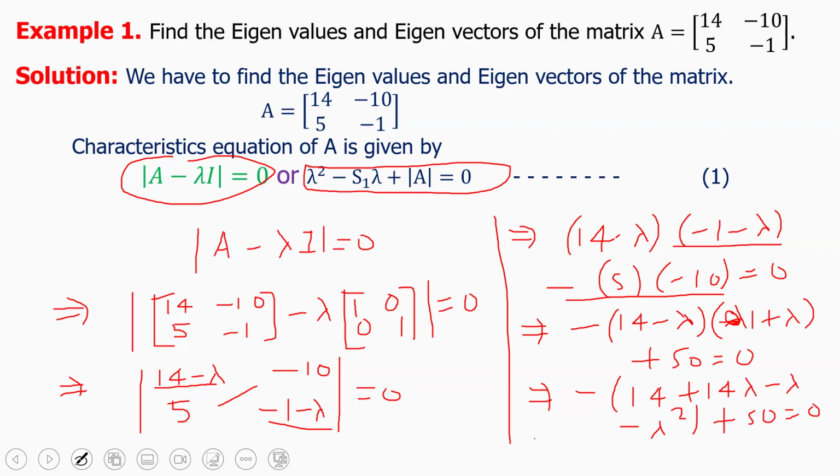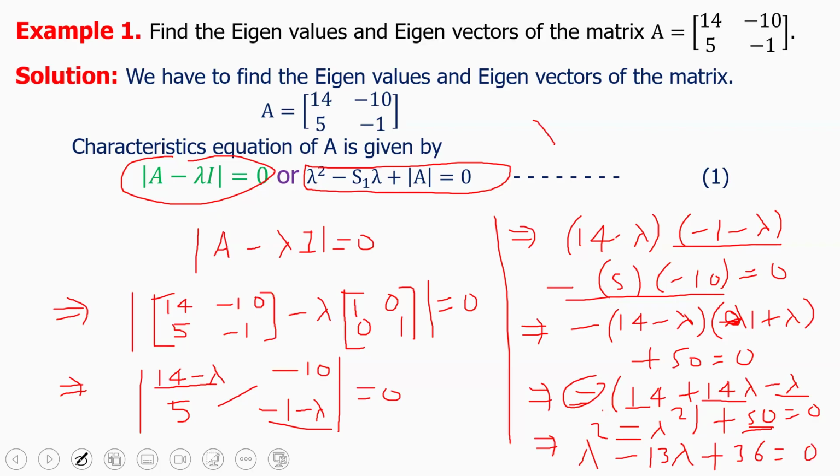If we simplify it again, let us multiply this by the minus sign. Plus 14 lambda minus lambda is plus 13 lambda, and multiplied by the minus sign it becomes minus 13 lambda. This minus and minus will become plus. So we first write lambda square minus 13 lambda, and then plus 50 minus 14, which is plus 36, equal to 0.